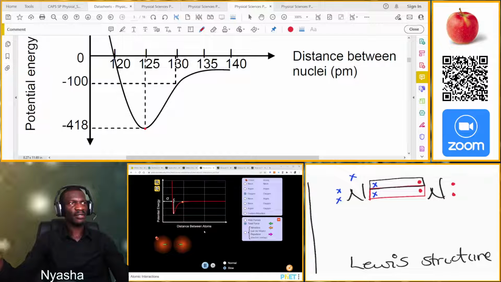This is too fast. Maybe let's see if we have another one which can exemplify what's happening here.